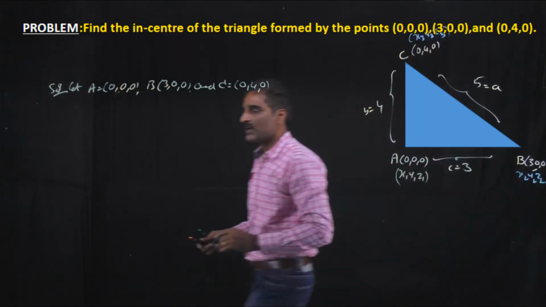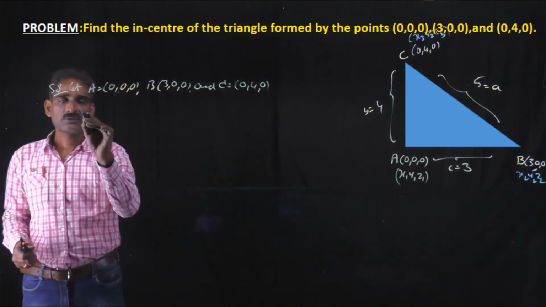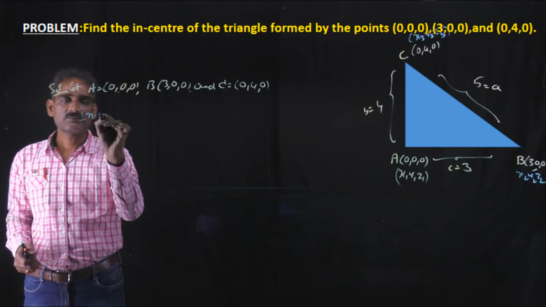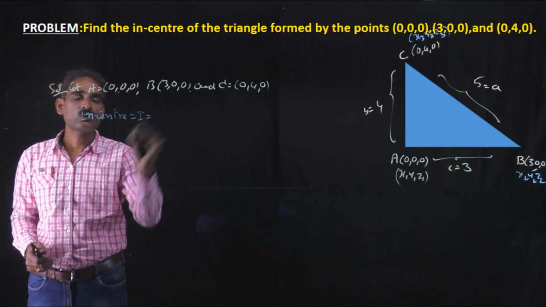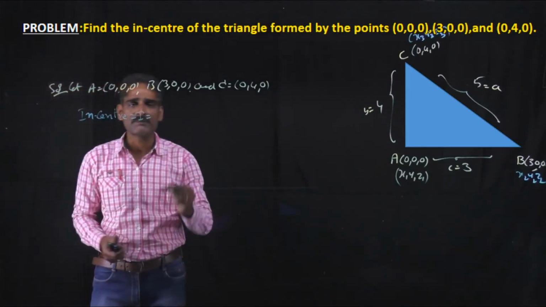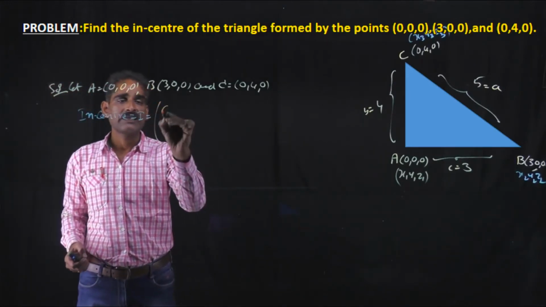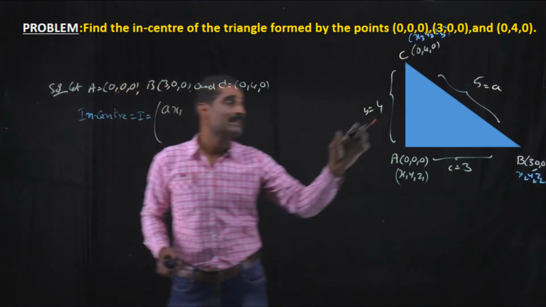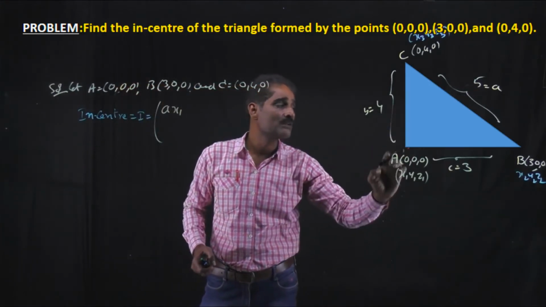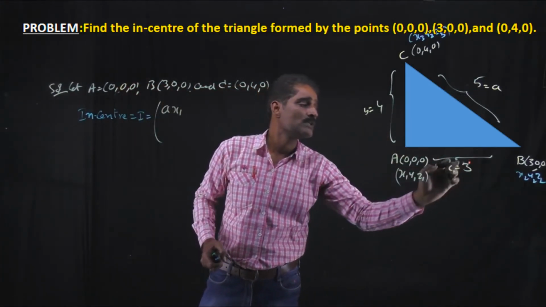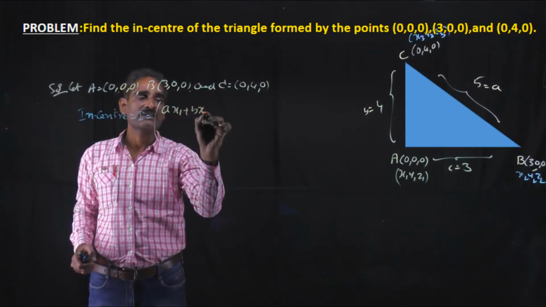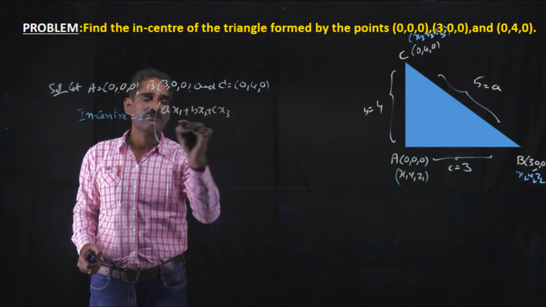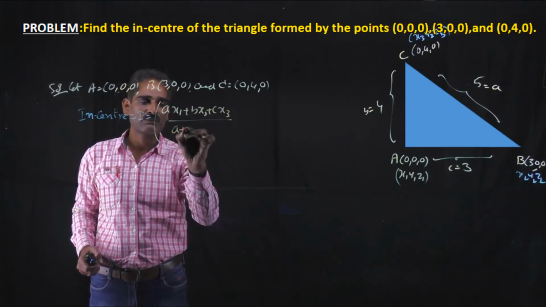Now the formula for the incenter, denoted by I, is ax1 plus bx2 plus cx3 by a plus b plus c.